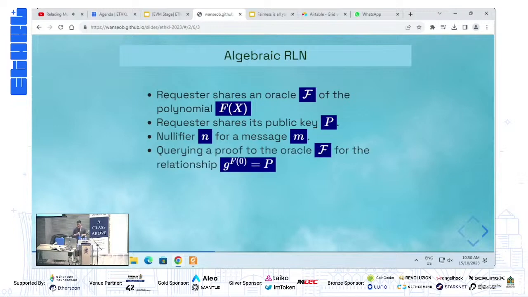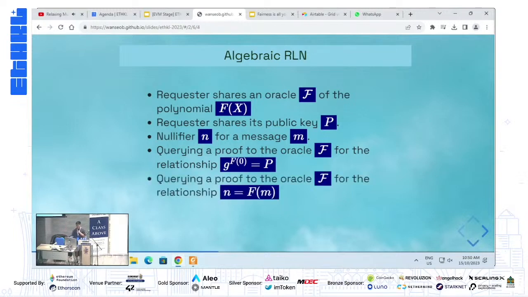Then we can query that oracle f, that f of 0 equals the private key, which means g to the f of 0 equals the public key. And we can also query a proof from the oracle that the nullifier n equals f of m.